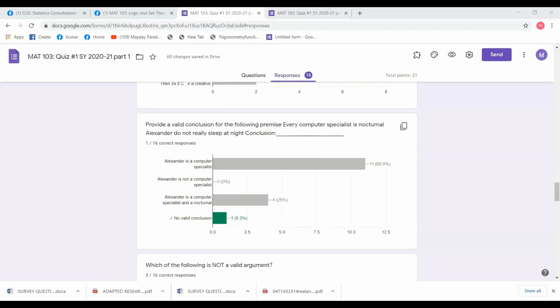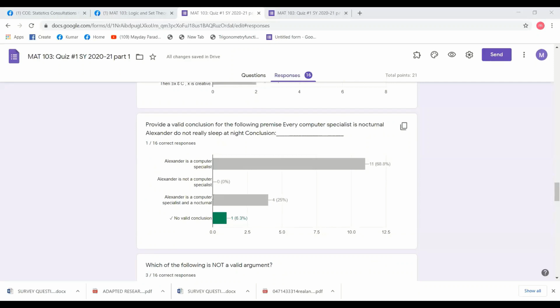So that is Q. If P implies Q and Q, do we have a valid conclusion there?